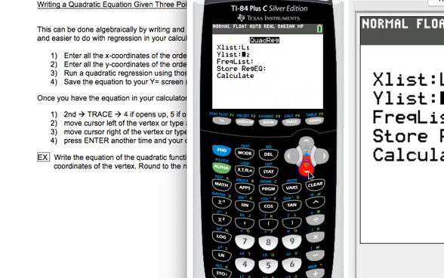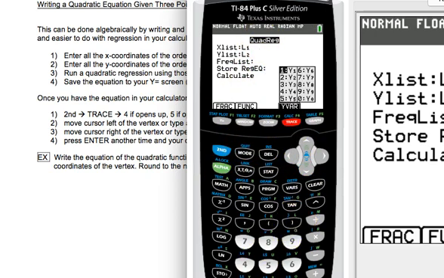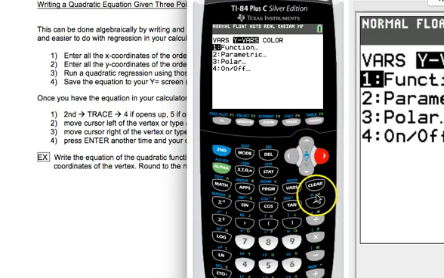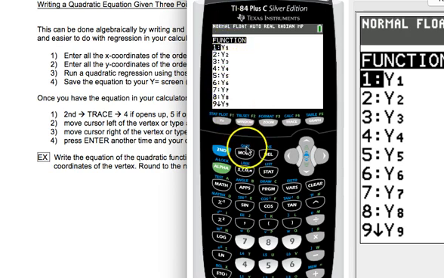Then I need to scroll down to tell it to store my regression equation. And alpha trace, I'm going to store it in Y1. Remember that if you have the older model of the calculator, you don't have the alpha trace, and so you instead have to press this Vars button here, scroll to Y Vars, choose 1 for function, and then choose your value.